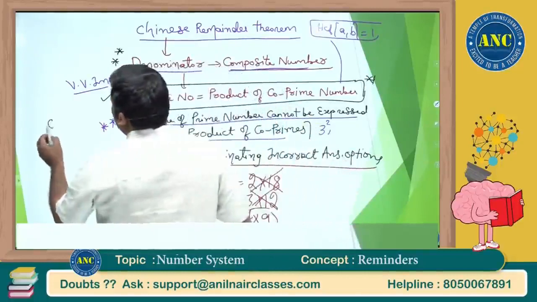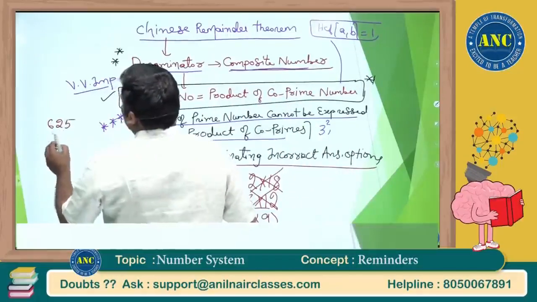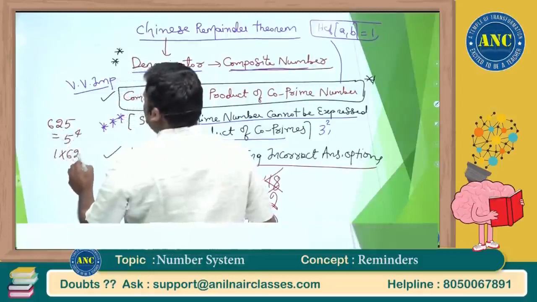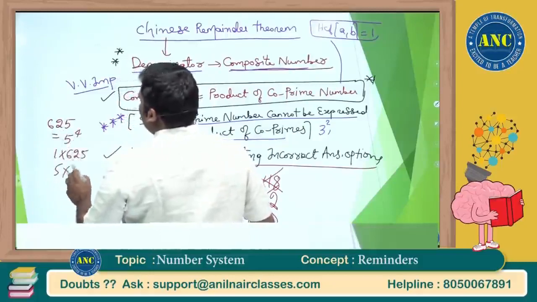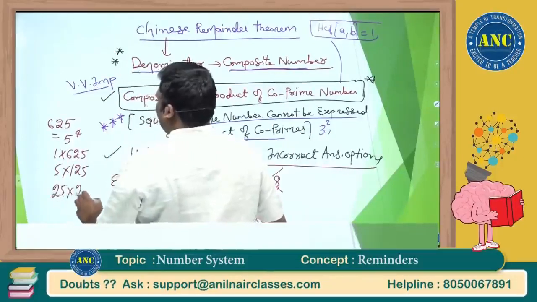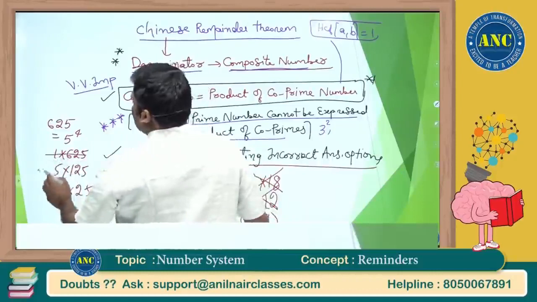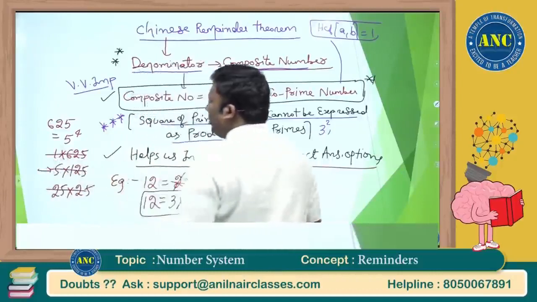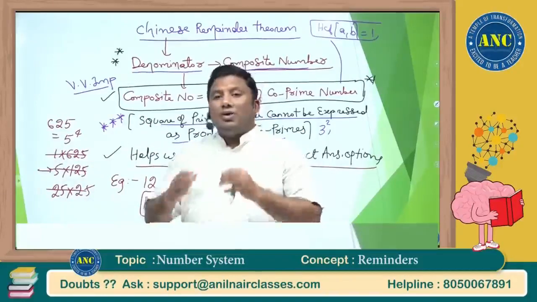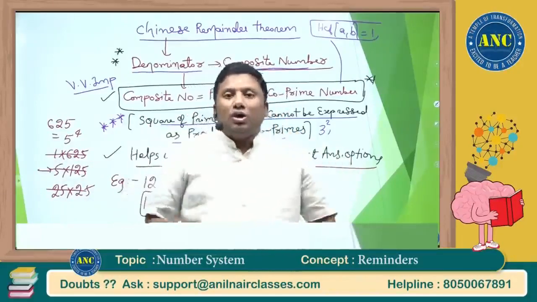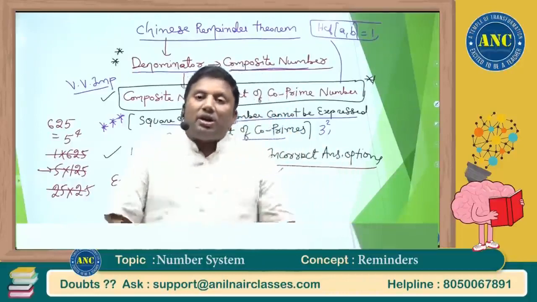Even if you take 625, which is 5 power 4: 1 into 625, 5 into 125, 25 into 25. These are both not coprime. Take 4: it is 1 into 4 and 2 into 2. You cannot write it as a product of coprimes.